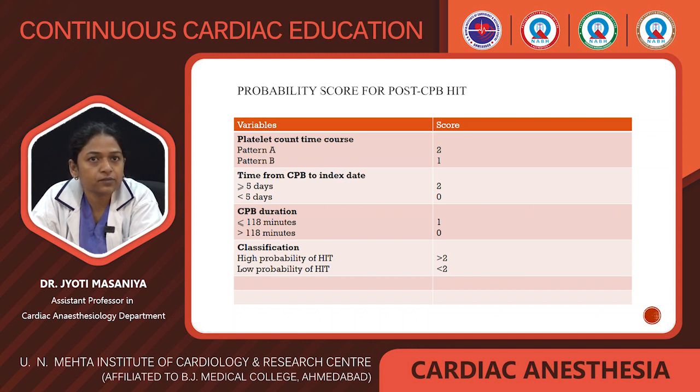If this time is more than 5 days, they give 2 points, and if it is less than 5 days, 0 points. They also observed CPB duration. If the CPB duration is less than 118 minutes, 1 point, and if it is more than 118 minutes, 0 points. On the basis of this scoring system, if the score is more than 2, then there is a high probability of HIT, and if it is less than 2, then there is a low probability of HIT.